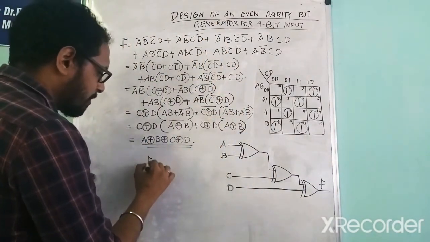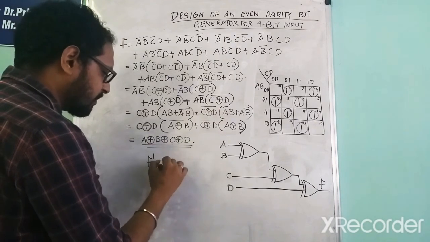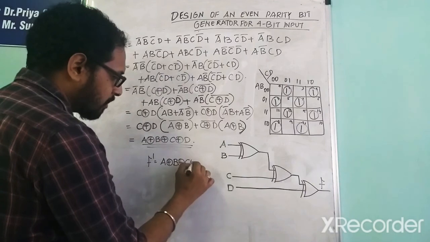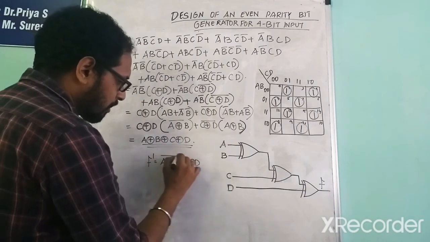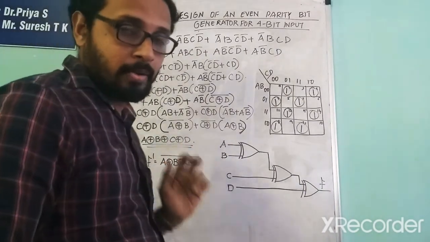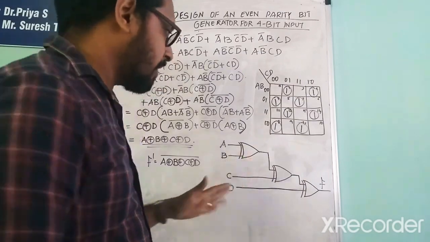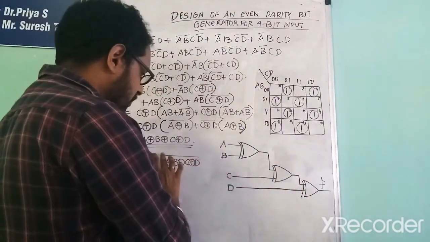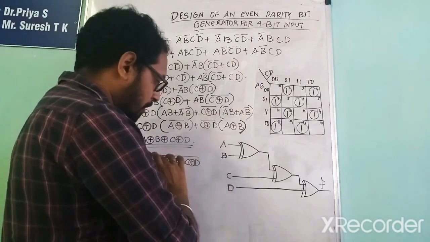The expression will be, we write this f dash, A XOR B XOR C XOR D, the whole bar. And about the figure, this part will be the same, and there is a bar on top.